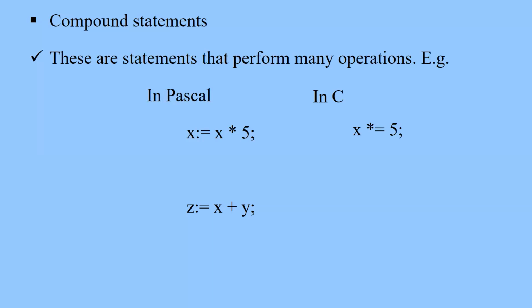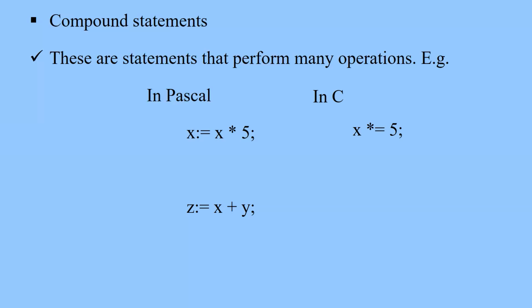In C, we have a statement like this one, which is having multiplication assignment. It is compound because you are multiplying the content of x with the 5.